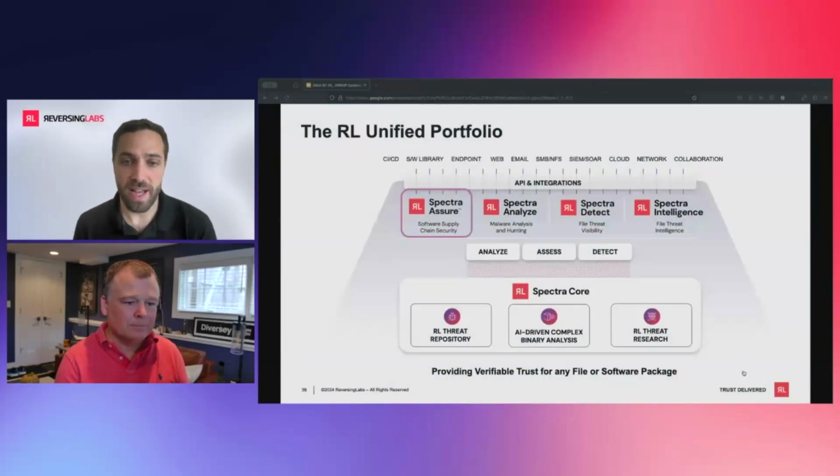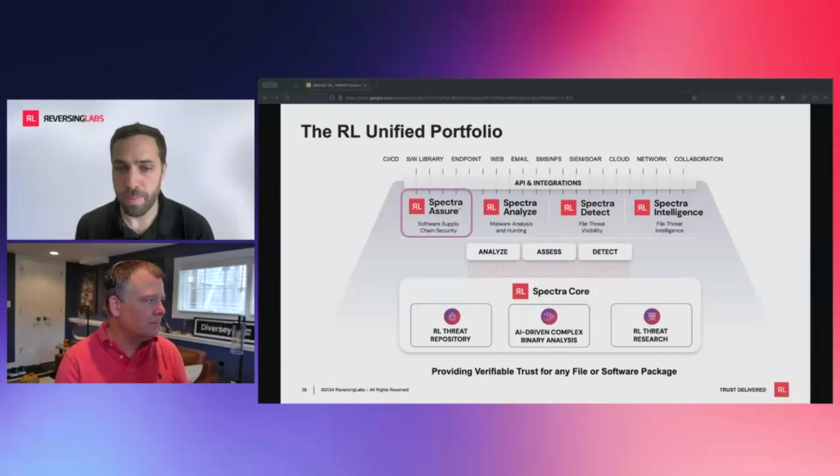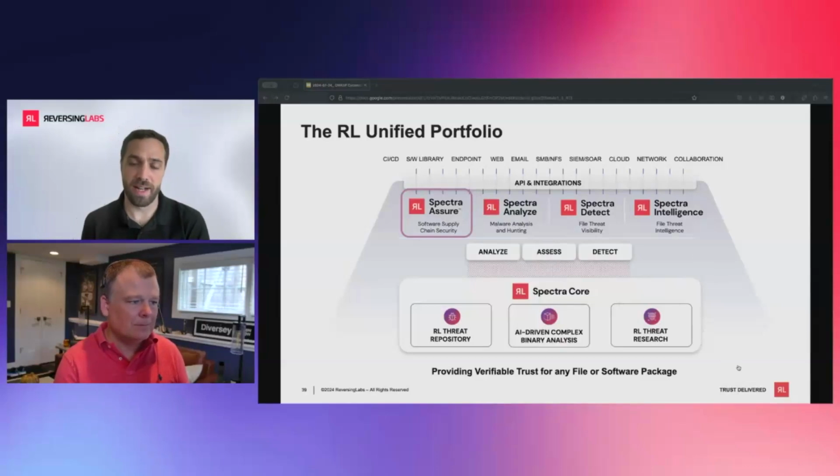We at ReversingLabs have a platform, a unified portfolio of products, but there's one in particular that I want to talk about today called SpectraAssure. That's our software supply chain security tool. It's built on top of Spectra Core, which is inclusive of that threat repository I mentioned at the beginning, AI-driven complex binary analysis, and some world-class threat research. But paramount to this is that one in the middle, that AI-driven complex binary analysis.